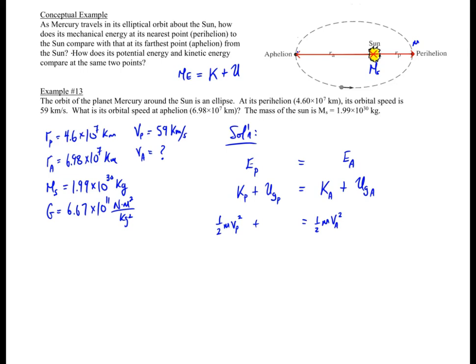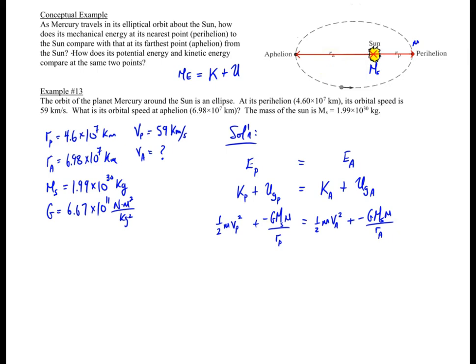The gravitational energy formula, if you recall, we derived that earlier, is negative G times the mass of this body, which is the Sun, times the mass of Mercury, little m, divided by the distance at that particular location. So at perihelion, it would be r sub p. Then we have the gravitational energy at aphelion, which is negative G times the mass of the Sun times the mass of Mercury divided by r sub a, which is this distance in here.